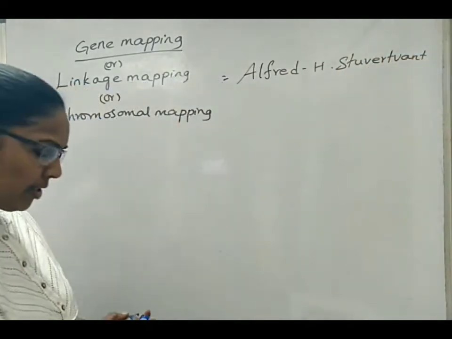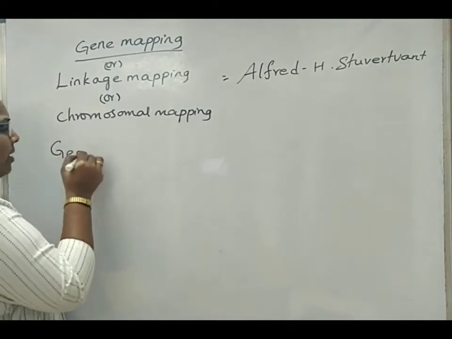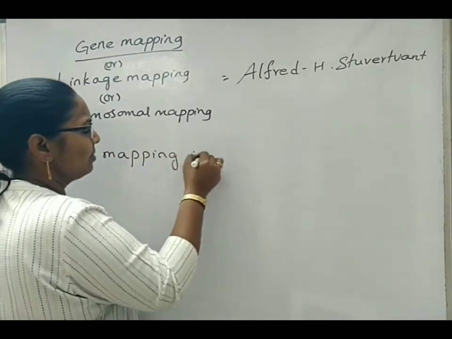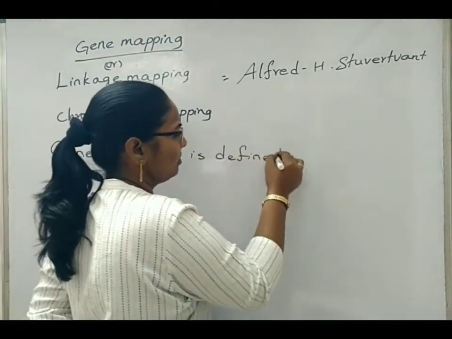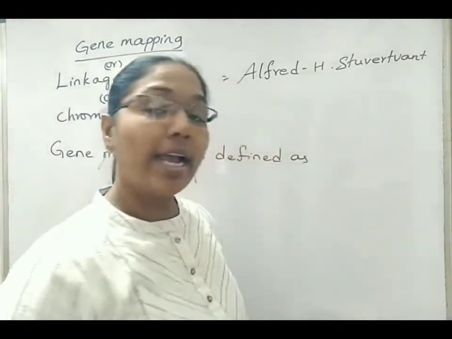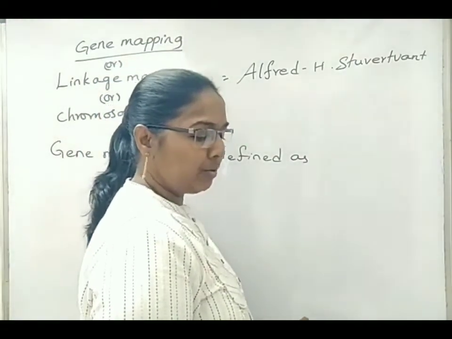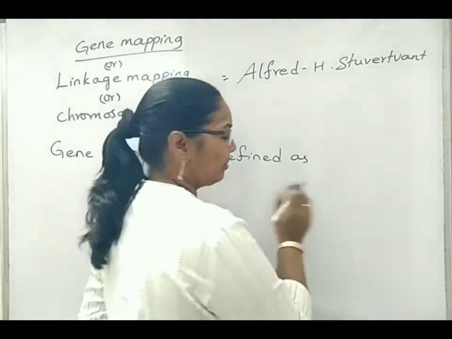How can we define the gene mapping? Gene mapping is defined as establishment or identification of linked genes on a chromosome so that we can know the percentage of crossing over.